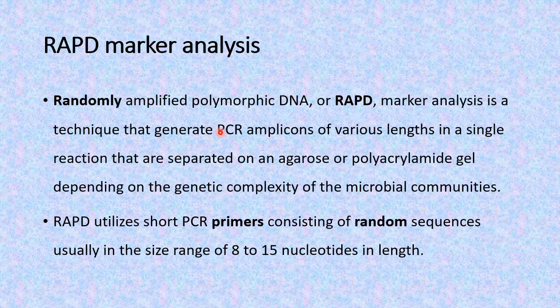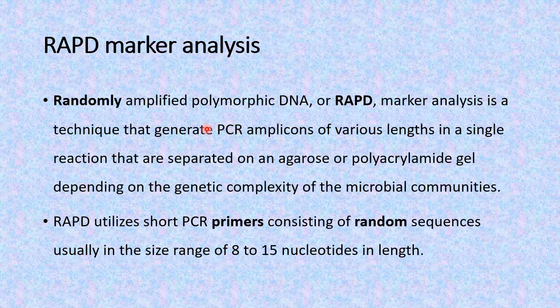So in RAPD marker analysis, we produce PCR products, that is the PCR amplicons, and these PCR amplicons are of different lengths. The reason being that the primer which is used is not sequence specific, they are random primers.